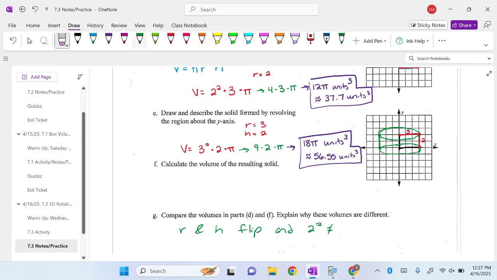Because we know that multiplication is commutative, meaning we can switch any terms that we want and it would still give us the same answer. However, that square in the formula is what changes it. Because no matter what we do, 2 squared will always be 4, 3 squared will always be 9, and there's no changing that. All right, any questions on that one?